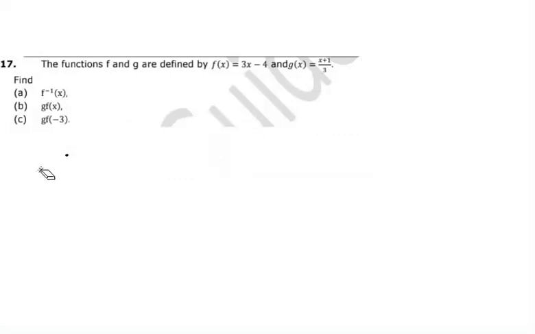Okay, so functions. So you have two functions here in question 17. You have g and f. So you've been given two sets of functions. They are both functions of x.